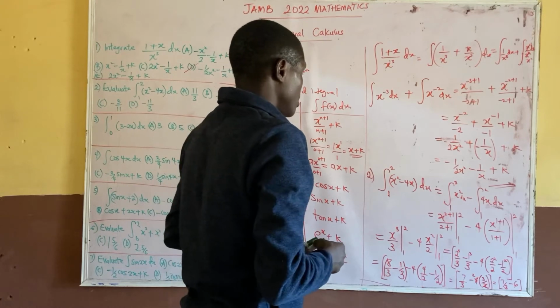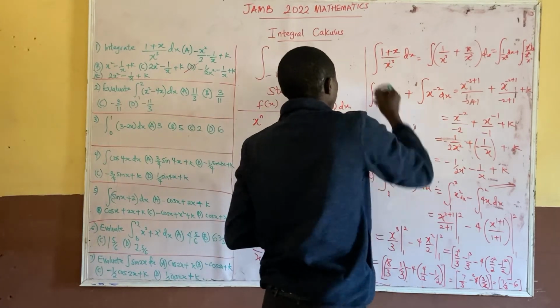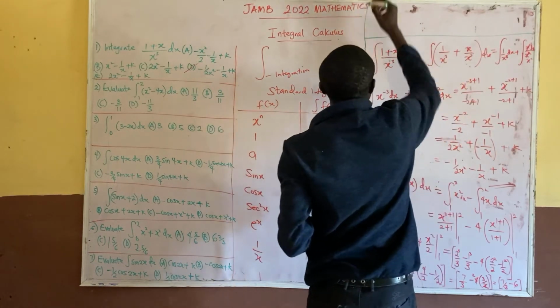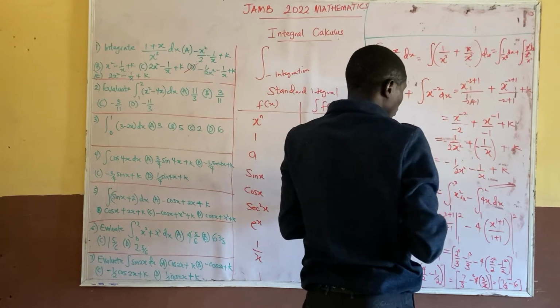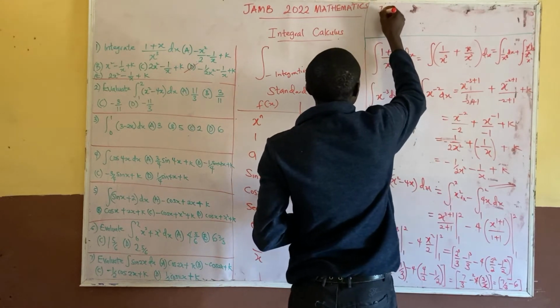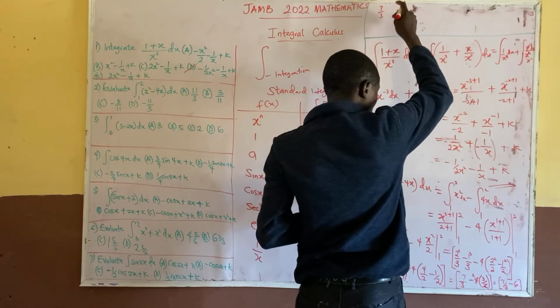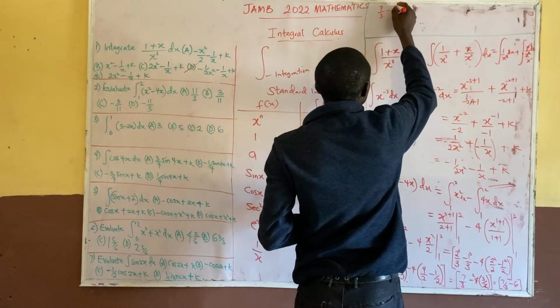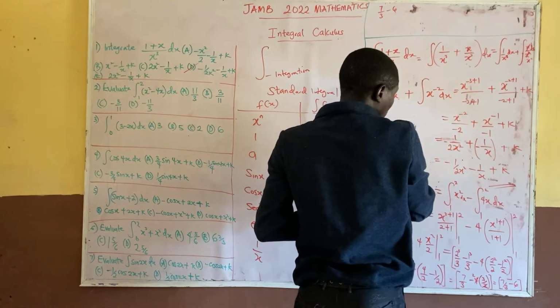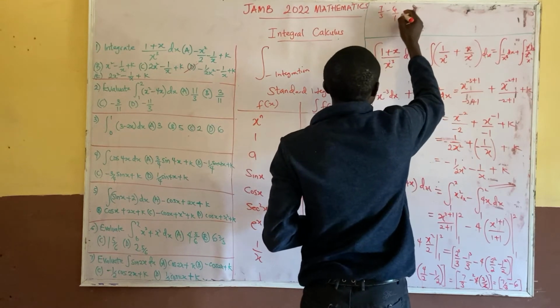Now let me quickly finish it. 7 over 3 minus 6, just find the LCM.